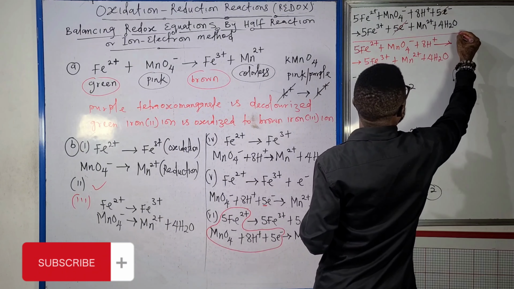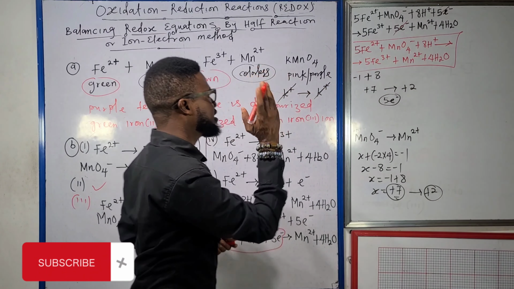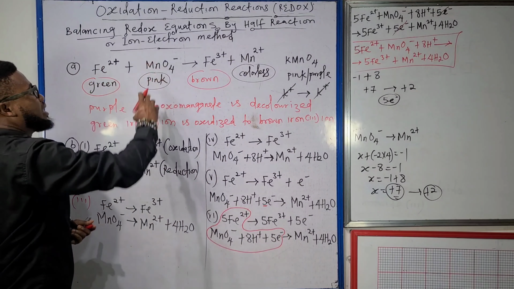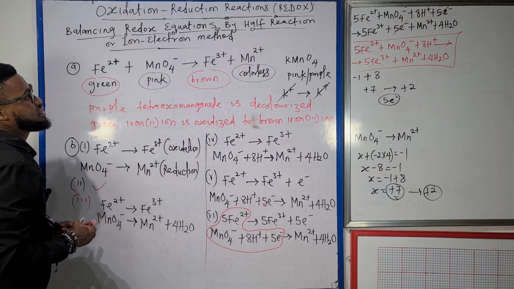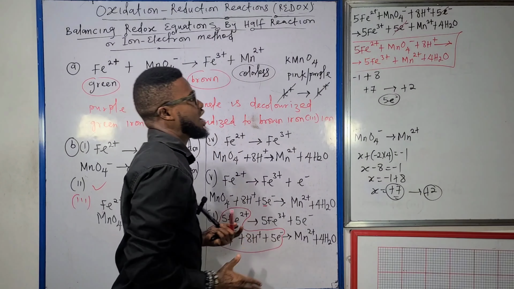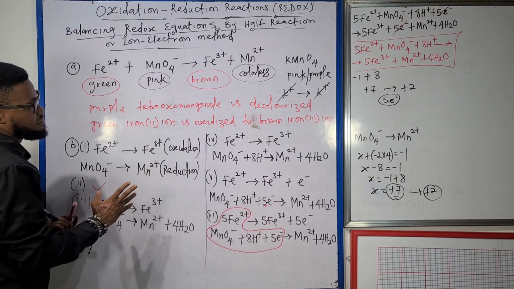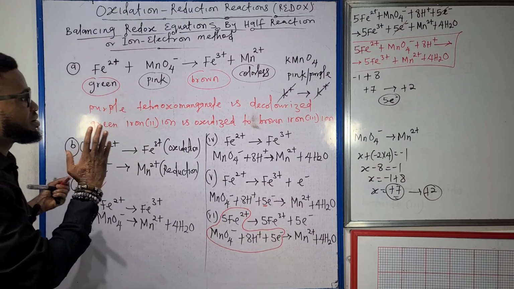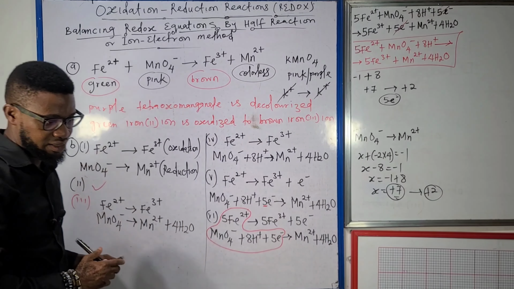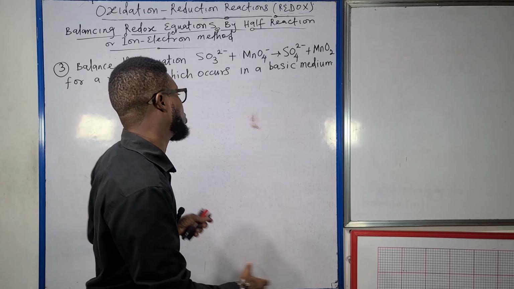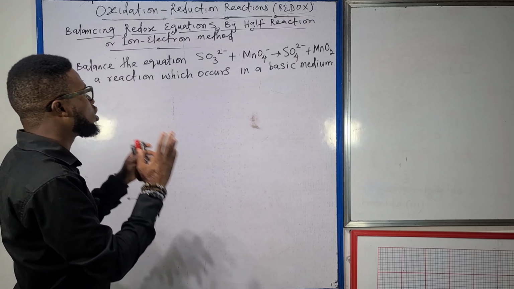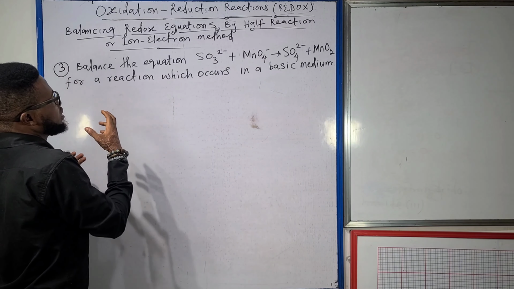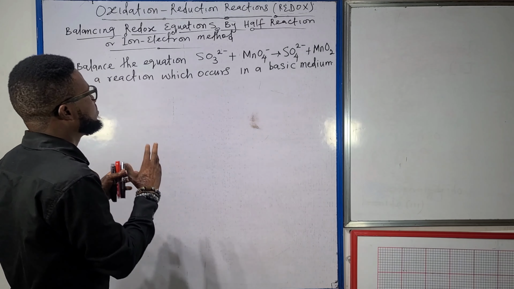This here is a balanced equation for the reaction between iron 2 ion and tetraoxomanganate ion. And that's what you have there. We stop at step 7 if the process takes place in an acidic medium, as you can see. Taking the last question, talking about question 3, to look at what we should do if we have the redox reaction happening in a basic medium.